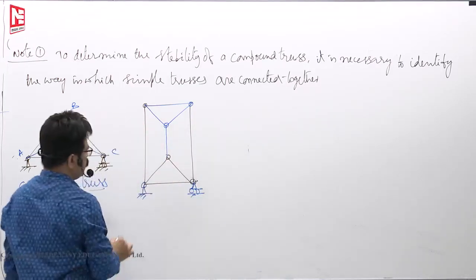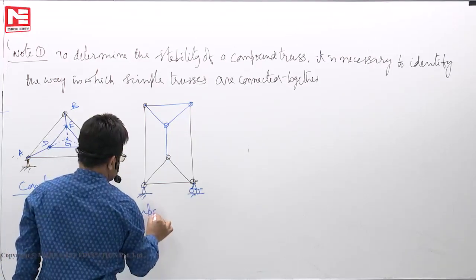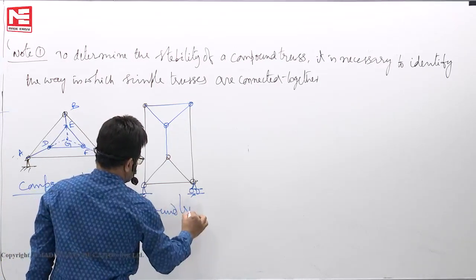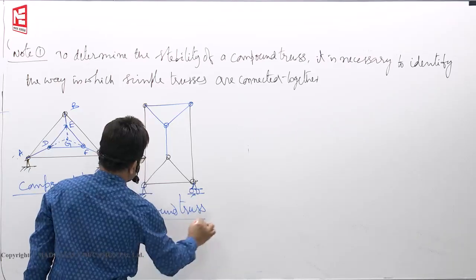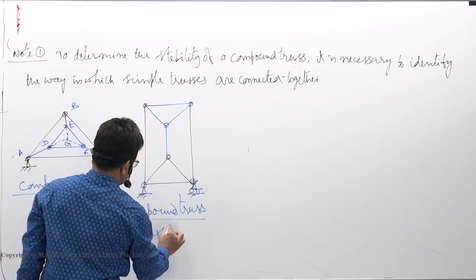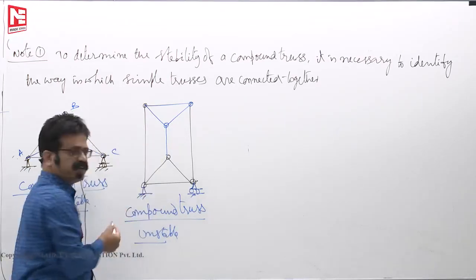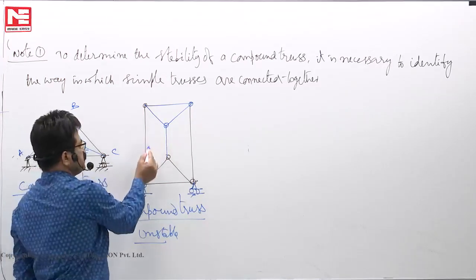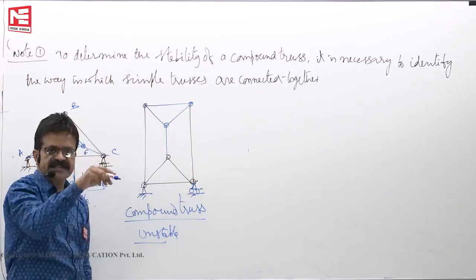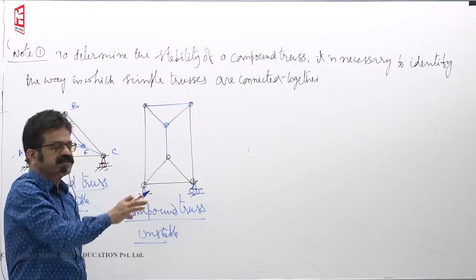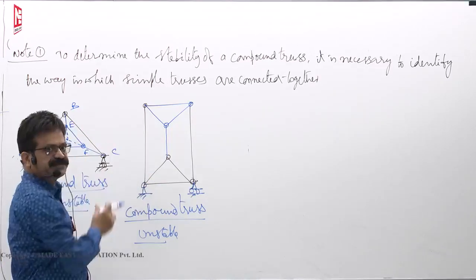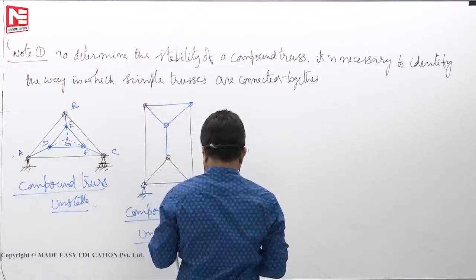See, three parallel. This is a compound truss. Unstable. Why unstable I have given already. Two trusses are connected by three parallel links, so rigid body translation, rigid body rotation. Okay. Next.